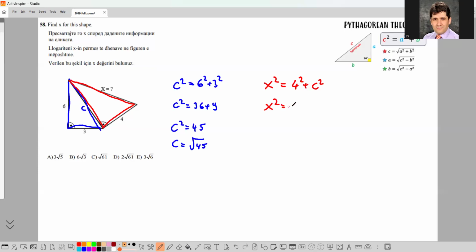So we get x squared is 16 plus 45, which means x squared is 61.